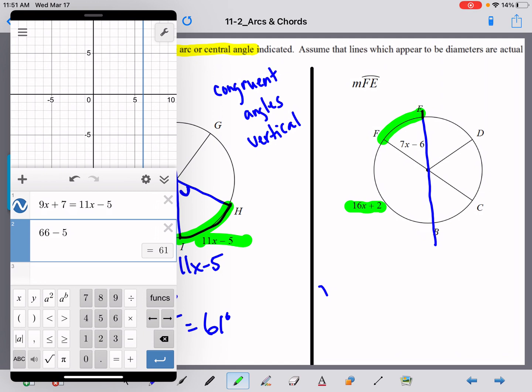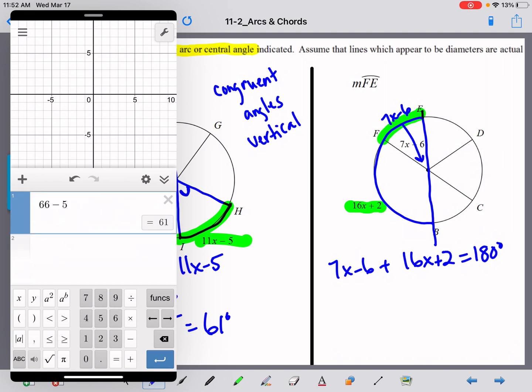If I added these two pieces together, it would equal 180. And I could write 7x minus 6 up here because these two things are congruent. So 7x minus 6 plus 16x plus 2 is going to equal 180. Why did I pick 180? Because that's the diameter. That's half of the circle.